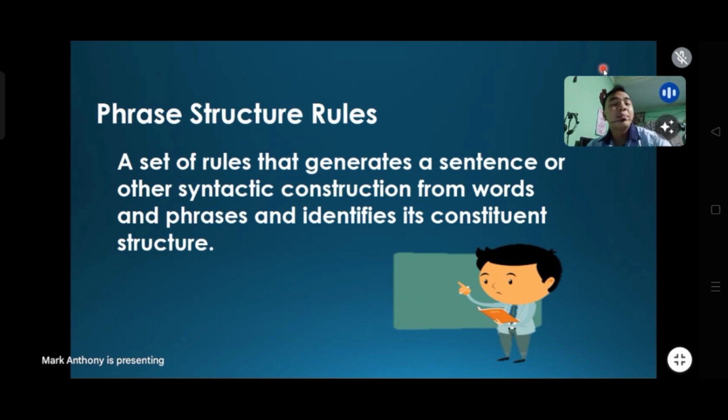Later on, I'll be introducing you to some of the basic phrase structure rules that we have, but let us first dive deeper into these rules.